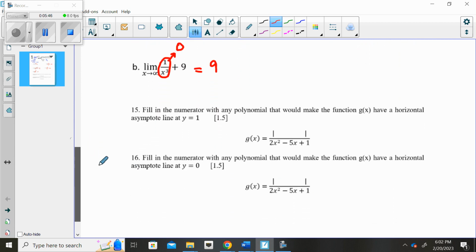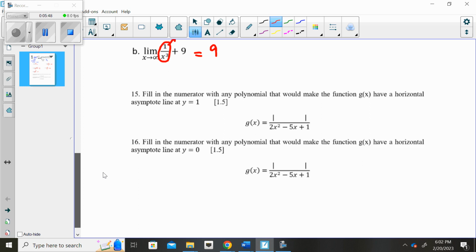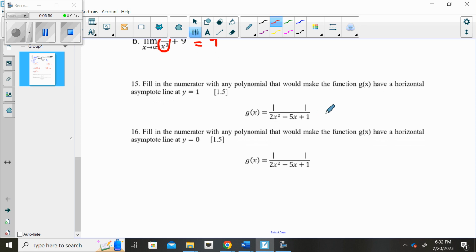Then come down below, and this is a fun problem. This one asks you to fill in the numerator with any polynomial that would make this have a horizontal asymptote line at y equals 1. In other words, I would have to take the limit of this function g of x as x approaches infinity, and I would need that limit to be 1.